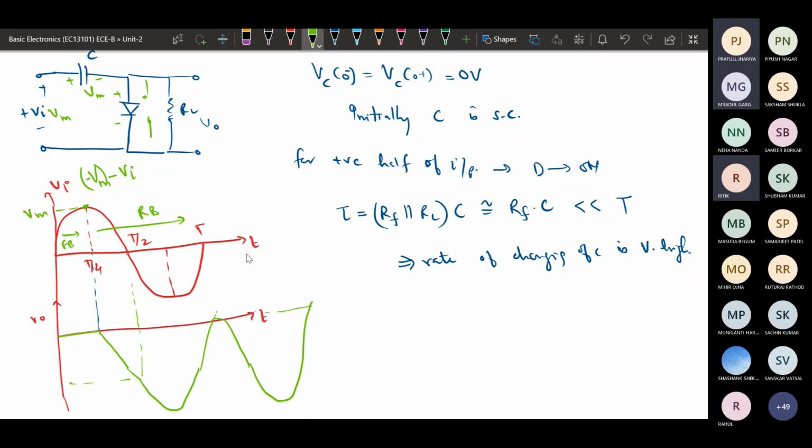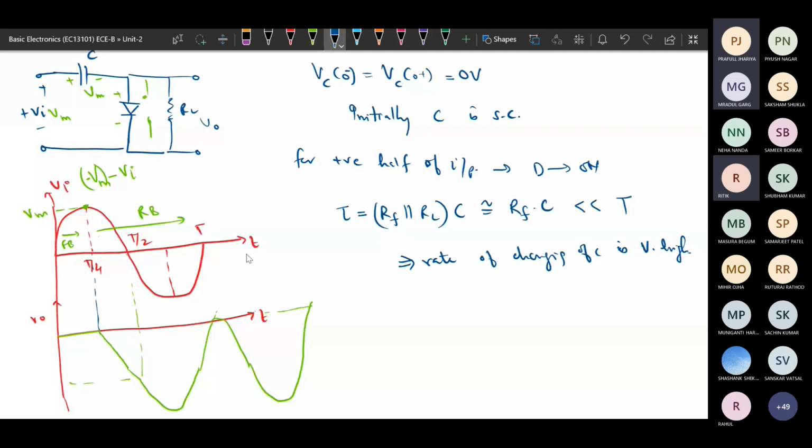Once in case of positive, and similarly in case of negative. So at Vm, at time period t by 4 itself, it will be in reverse bias case. So in reverse bias case, this capacitor will be considered as a constant plus Vm voltage, because it is not decreasing, or the rate of discharging of the capacitor will be very high, that's why it is considered to be a constant voltage.